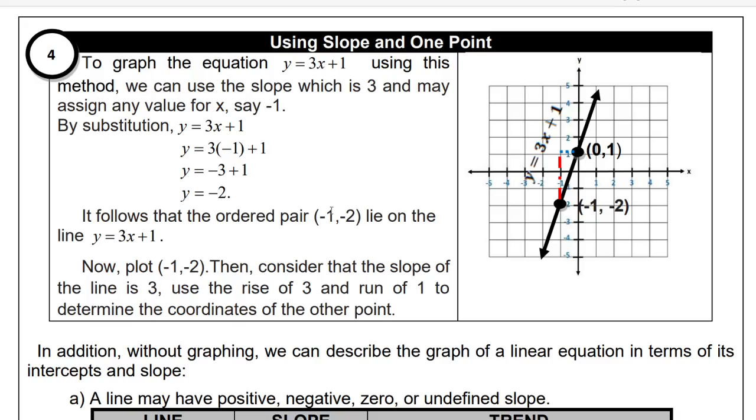So you have now a slope and a point. So plot the point first. Okay, negative 1, negative 2. So where's your negative 1? So this is your 0. Negative 1 is here. Your negative 2 is down. So there. So this is the point, negative 1, negative 2. Ito yon.